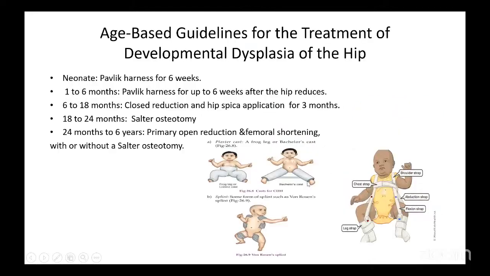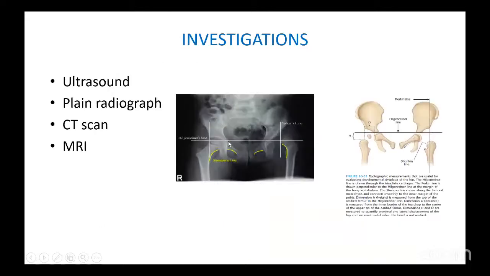If we put two points here and extend the line parallelly, a longer line, that is one line. The second line is from the superior border of the acetabulum, the outer border. So if this is the acetabulum, this is the superior border.